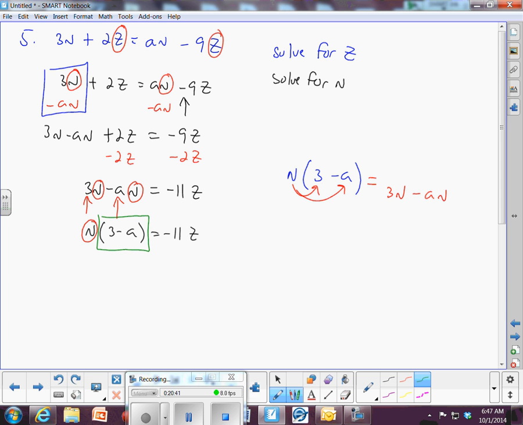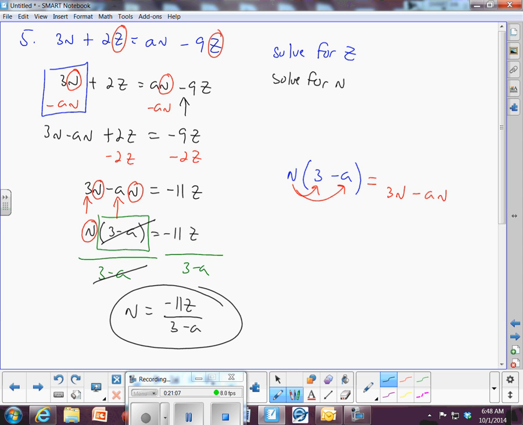Again, you could do the shortcut and divide by it. 3 minus a. We're going to divide the left by 3 minus a. We're going to divide the right by 3 minus a. What happens? Anything divided by itself is 1, right? N equals negative 11z divided by 3 minus a.